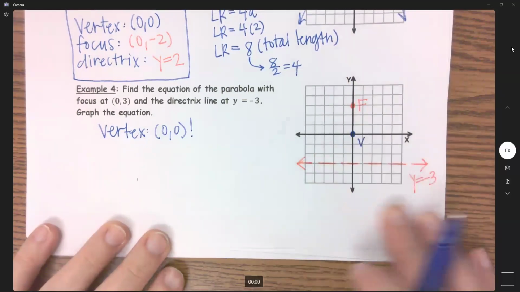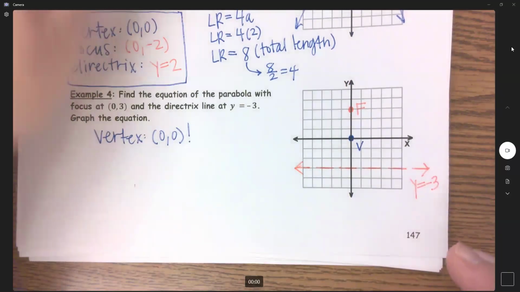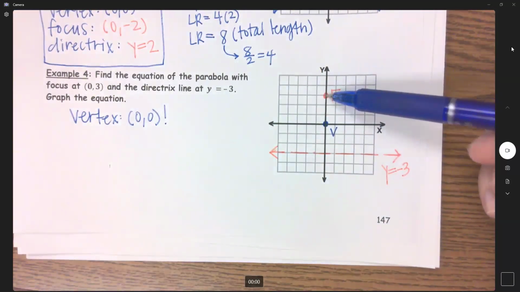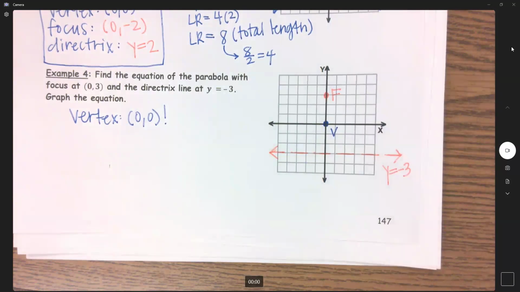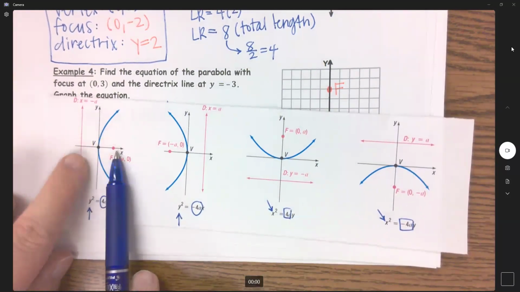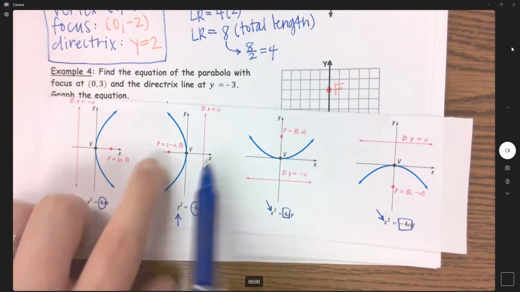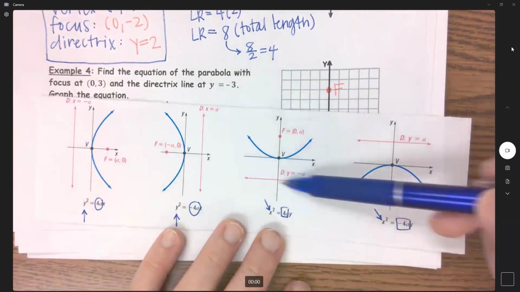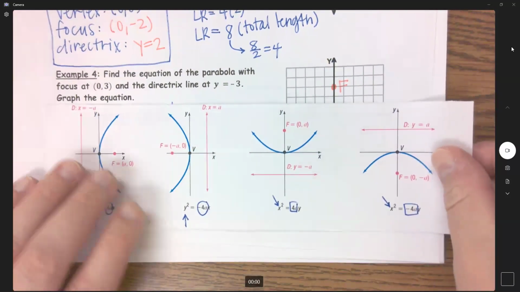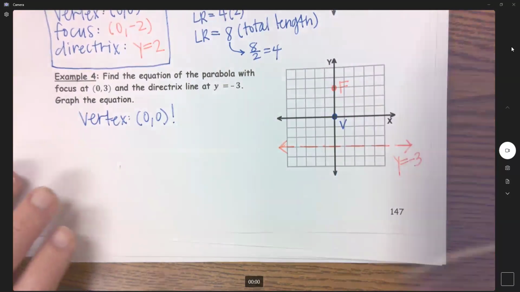So now let's compare all of our information. Which of my 4 graphs have a focus on the top, a directrix line below? This is left and right. This is left and right. Here, I have a focus on the top and a directrix below. So I'm using this formula here: x squared equals 4ay.